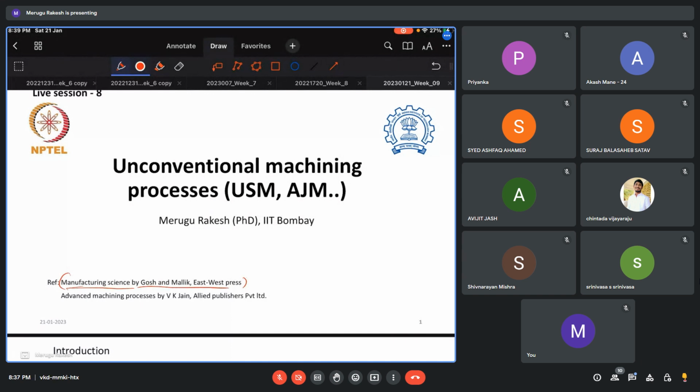You will get the transcripts, or you can go to Manufacturing Science by Ghosh and Mallik. This is the best reference you can go to. Or if you want to dwell more, there is Advanced Machining Process by V.K. Jain. If you want to solve problems, just go to this. If you really want in-depth knowledge, you have to go for the V.K. Jain book, Advanced Machining Process.